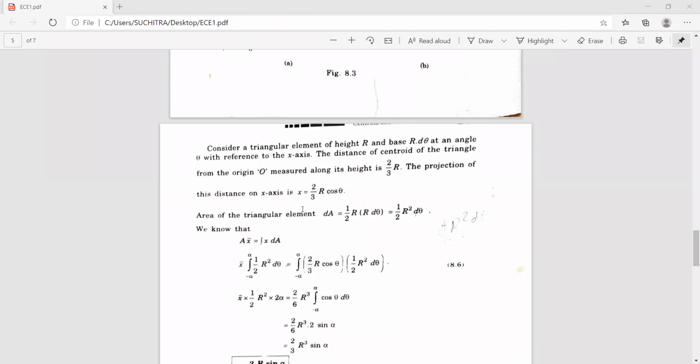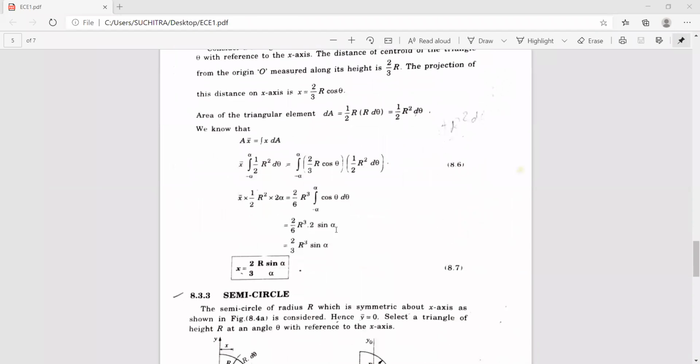So here x is 2/3 r cos theta, and dA is half r square d theta. On the left hand side, A is the integral from minus alpha to plus alpha of half r square d theta, and the right hand side is the integral from minus alpha to plus alpha of 2/3 r cos theta into half r square d theta.